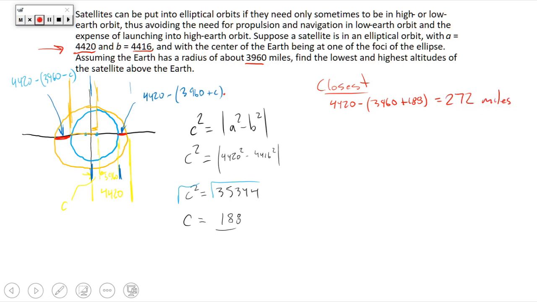Okay, the farthest, that's the highest, would be 4420 minus 3960 minus 188, which would be 648 miles. And I feel like those are the right answers.